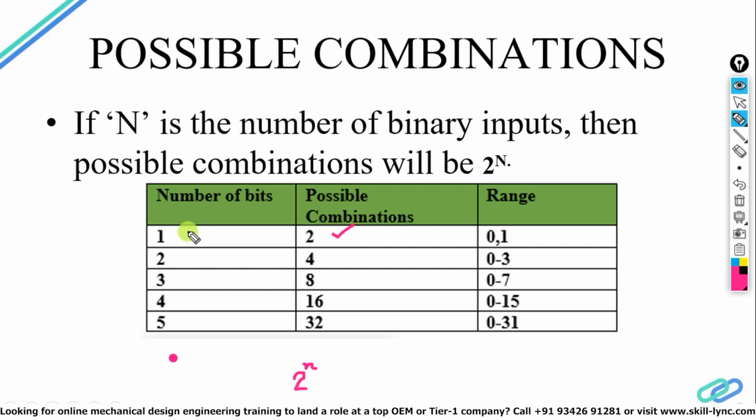If I am having 2 bits, the possible combinations are 2 to power 2 equal to 4. If I am having 3 bits, 2 to power 3 equal to 8. If I am having 4 bits, it is equal to 16. For 5 bits, it is 32 and so on. If I am having 6, then 64 and so on. 2 to power the number of bits.